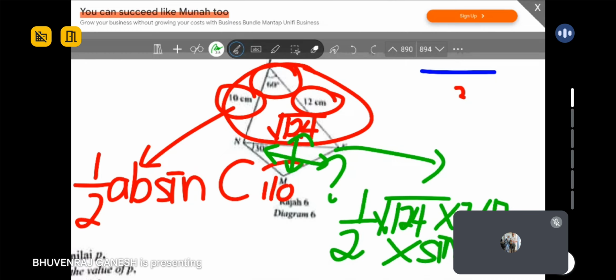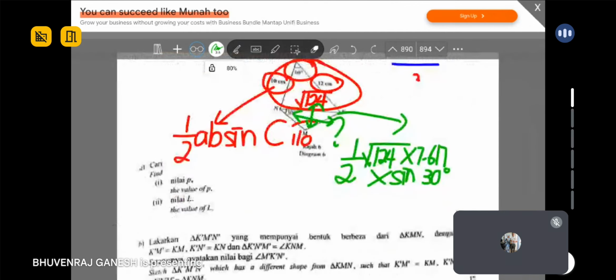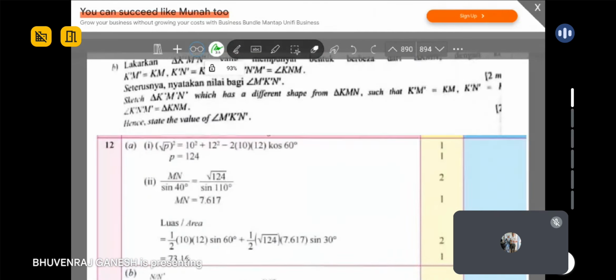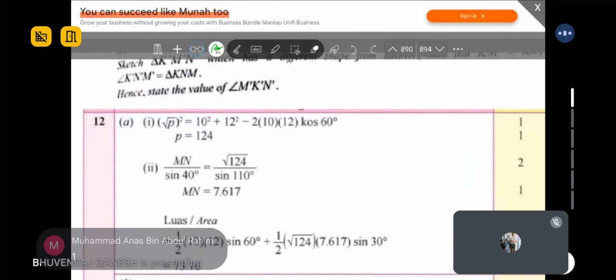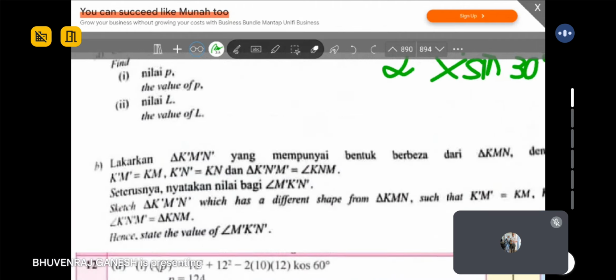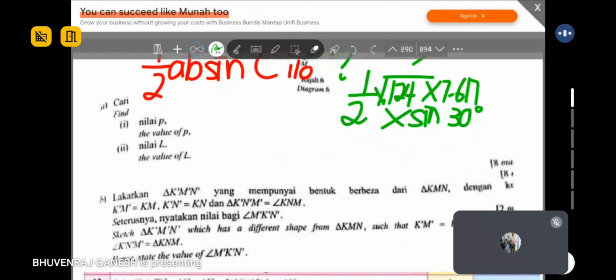Can get it guys? This is your area expression. 1 or 2? So you add them up. Both areas give the total area. Okay, just add up. So next one. So we come to your favorite part guys. You all don't like this one, right? Different shape.